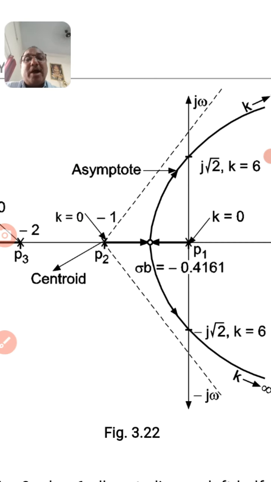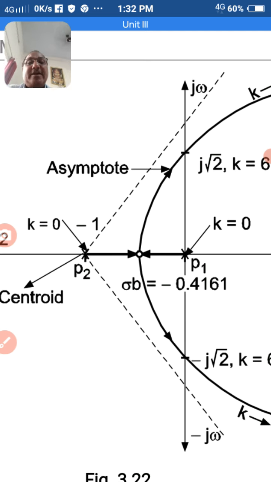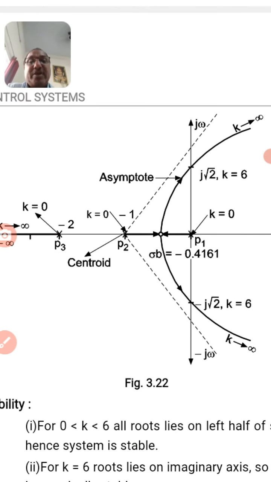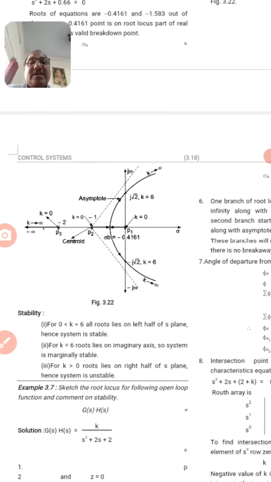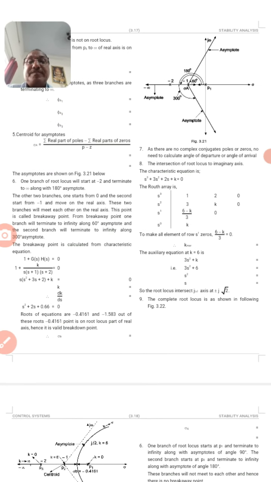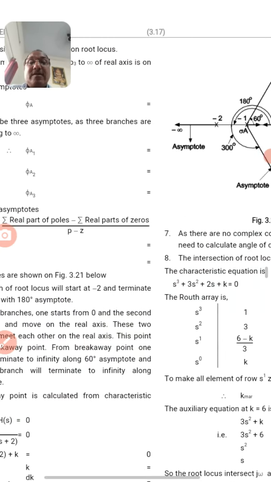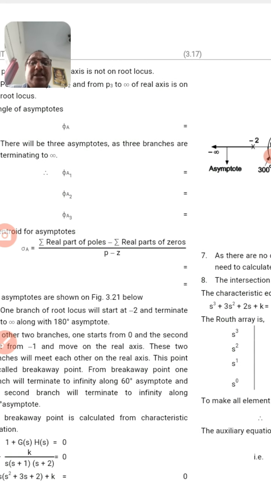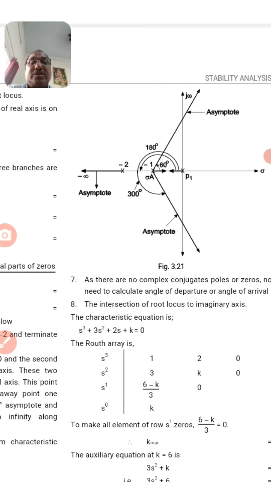Now we have to find out the j root 2, how it appeared, what its value is, and how to find it, so that we can plot this root locus. We found the centroid by the real parts of poles minus the real parts of zeros.